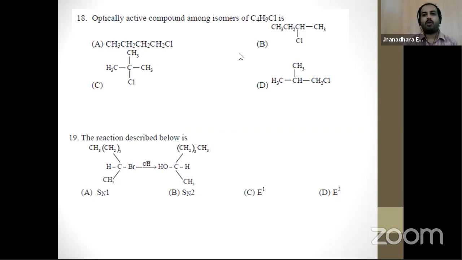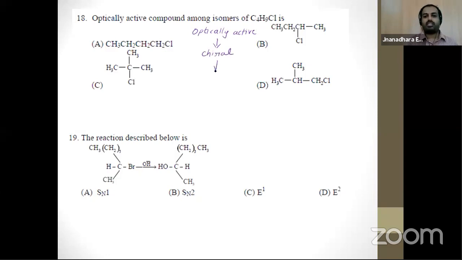Optically active compound among isomers of C4H9Cl is. Now these are all the 4 isomers of C4H9Cl. You have to find out which is optically active. Remember, for a compound to be optically active, one of the conditions, not the only condition, is that it has to be chiral.